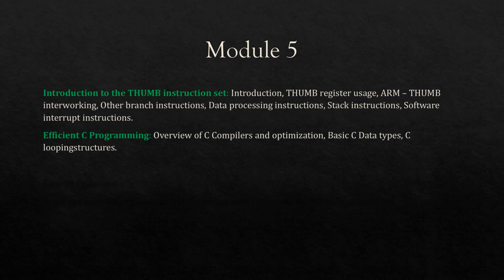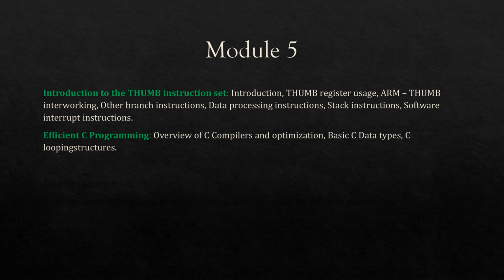Coming to Module 5, it is based on the introduction to the Thumb instruction set. What is the usage of a Thumb register? In ARM, what is Thumb interworking? Other types of branch instructions, data processing instructions, stack instructions, and software interrupt instructions.